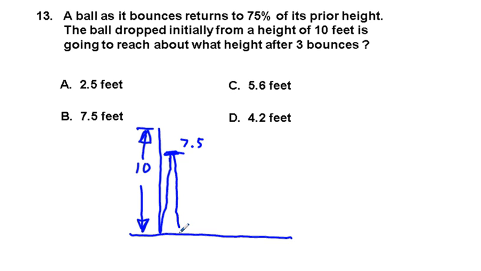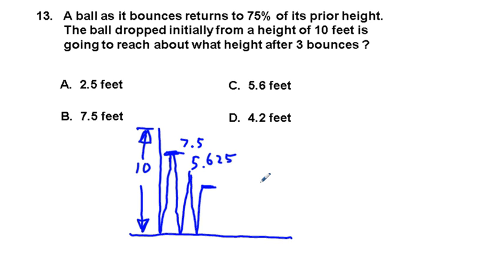After the second bounce, we're going to go up to this height, which is going to be 75% of our 0.75 times 7.5. So we get 5.625 feet. Then we're going to come and bounce the third time, and we're going to have what our answer is right here.